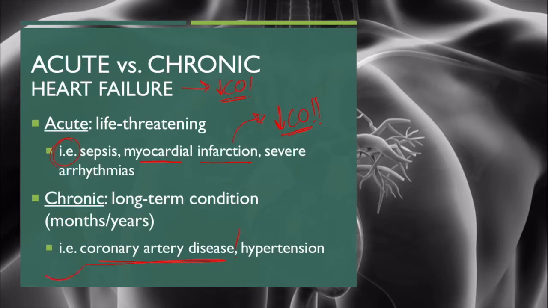So over time, the heart gets sicker and sicker because of the failure to deliver enough nutrients. The reason that chronic heart failure can go on for months or years is that it's typically slower in its progression, and the body has a chance to adapt and try to make do with the condition that it has.